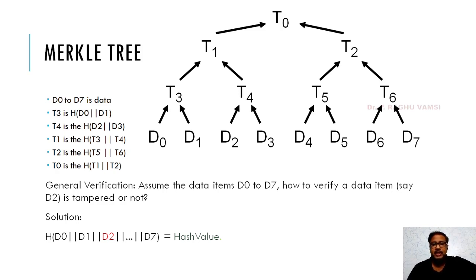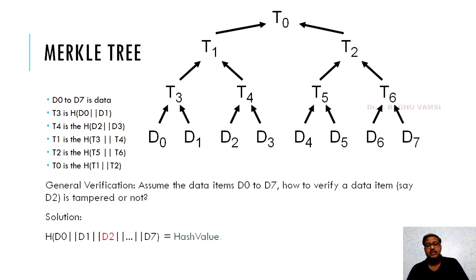In our case, for example, the number of data items is only 8, that is D0 to D7. But assume that in blockchain, if the transactions are too heavy in a particular period, if a large number of transactions are generated, then how can you verify all the data items or all the transactions?